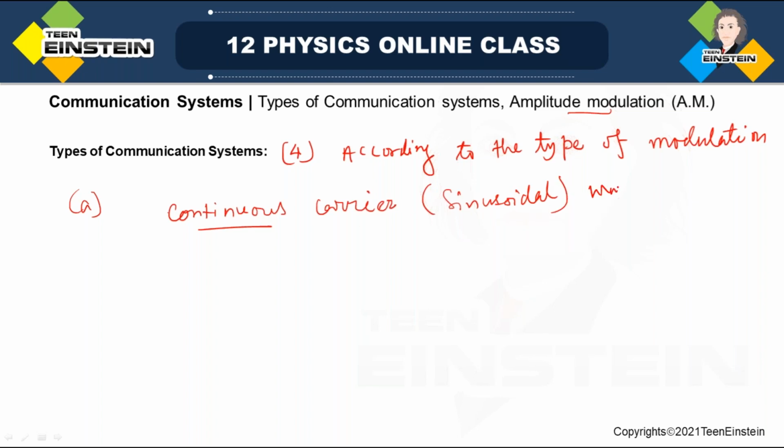I can give you some examples in this category. One is amplitude modulation.